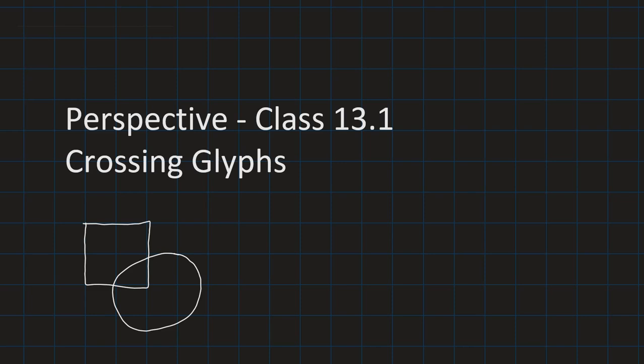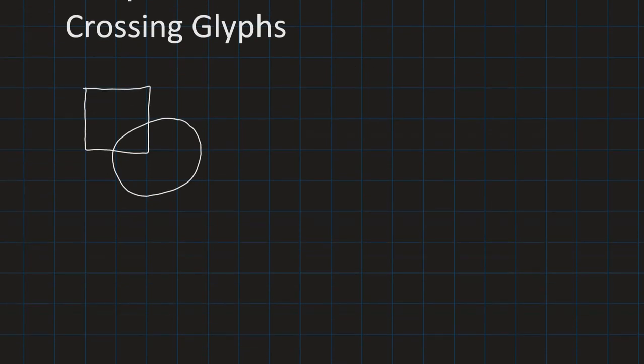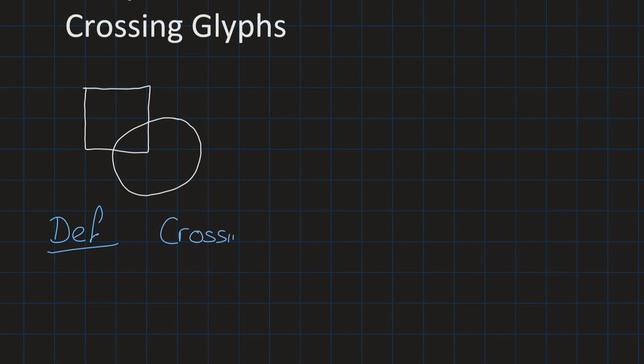So crossing glyphs help us convey more information in the projection. The crossing glyph will help us convey which object, which shape is in front of the other shape. So let's write this as a definition. Crossing glyphs are a type of overlap cue.